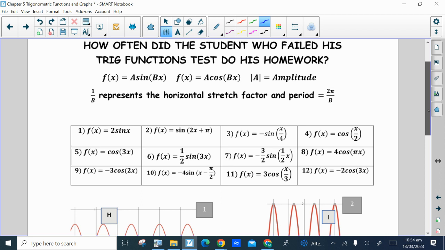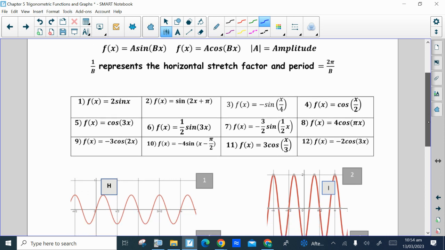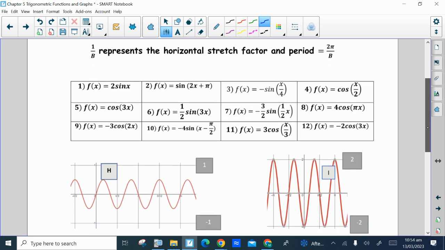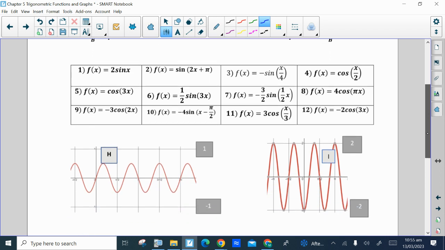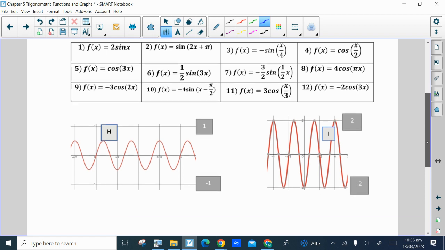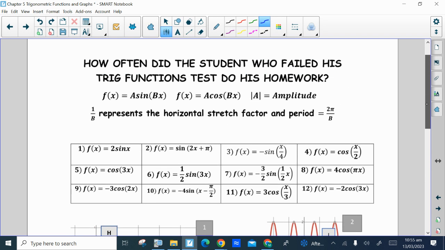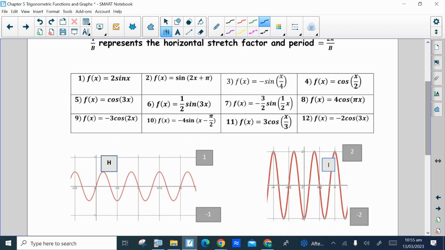So here's an exercise for you to work on. So it's a math riddle. How often did the student who failed his trig functions test do his homework? So what you're going to do is you're going to match the equation to the graph.